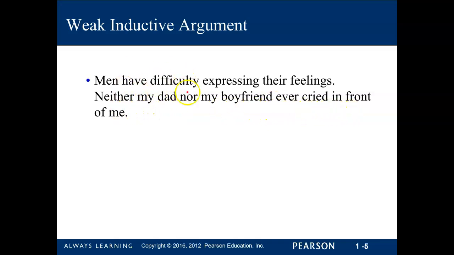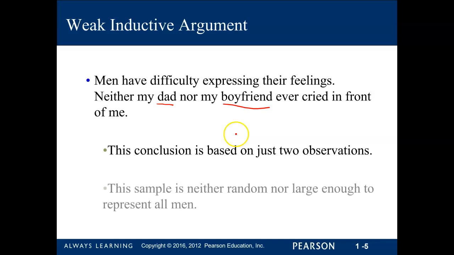So why is this considered a weak inductive argument? As you can see, only the dad and the boyfriend were the observed scenarios, and having two observations is not good enough to make a generalization about men having difficulty expressing their feelings, okay?